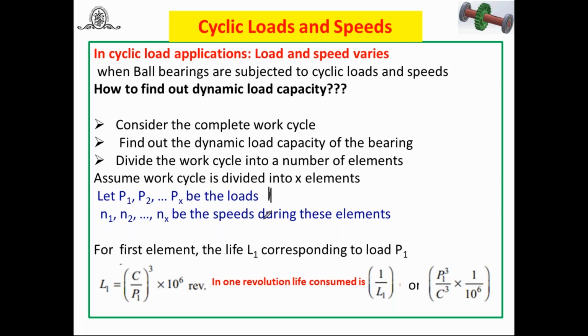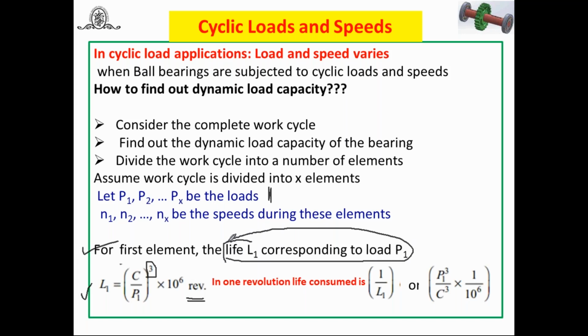Now we know the load life relationship very well. Suppose for the first element, what is the load life relation? L is equal to (C upon P) raised to 3, into 10 raised to 6 revolutions. The exponent 3 is used here for the ball bearing. Now for the first element, what is the life consumed due to load P1?